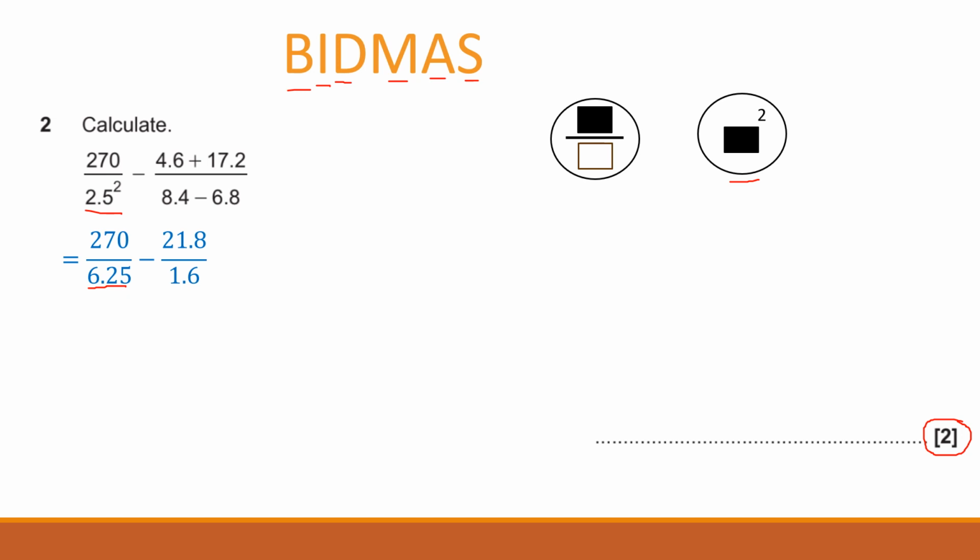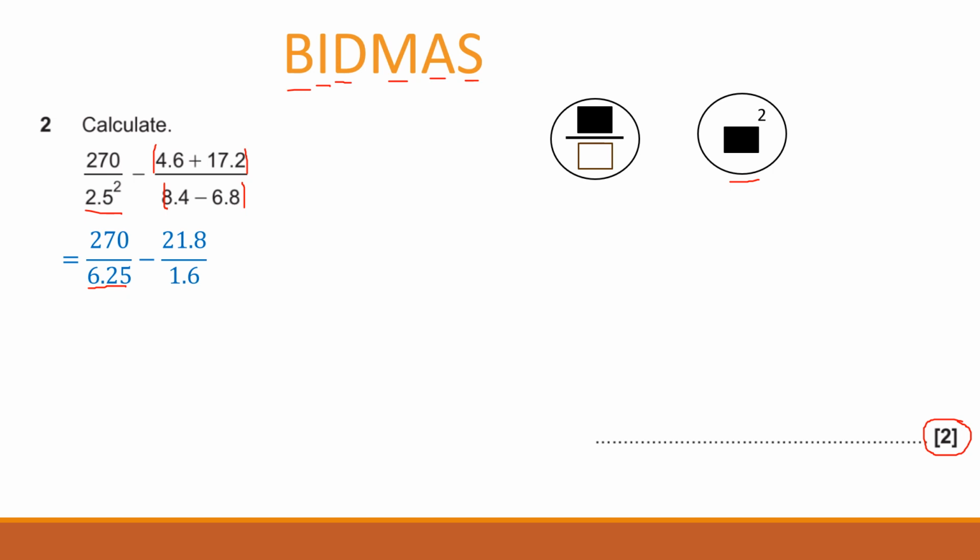We have got add and subtract right at the end, and we've got to do divide before we come to the add and subtract. But because this divide is like there are magic brackets around the numerator and around the denominator, we actually have to do the add and the subtract first before we can do the divide.